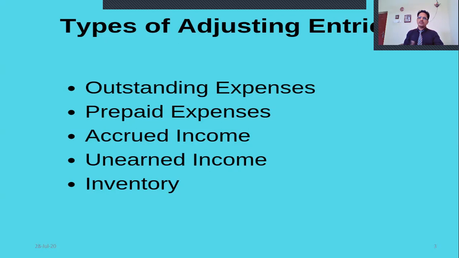Out of 100 questions, there may be 10 to 15 questions related to these adjusting entries. Also, out of five outcomes, one of the outcomes is adjusting entries. That means these five adjusting entries.